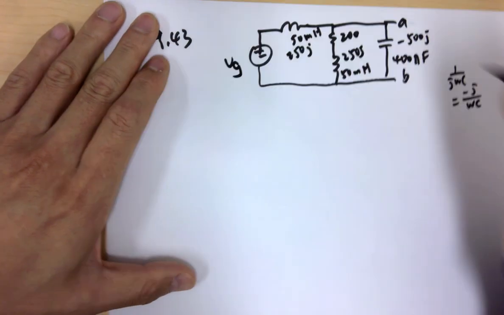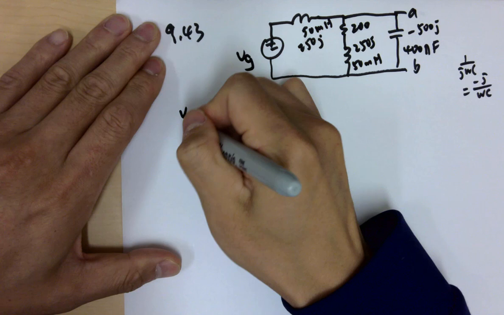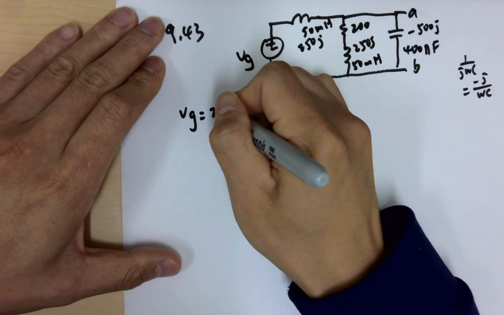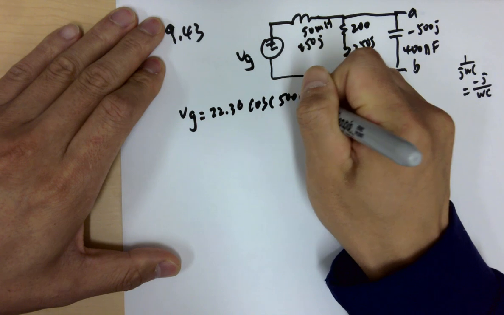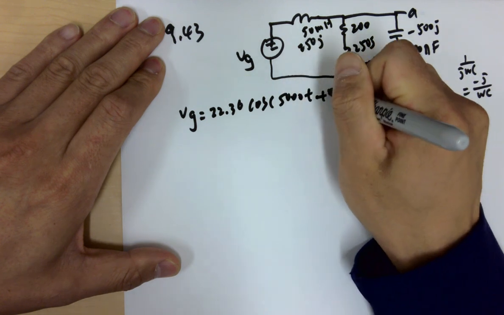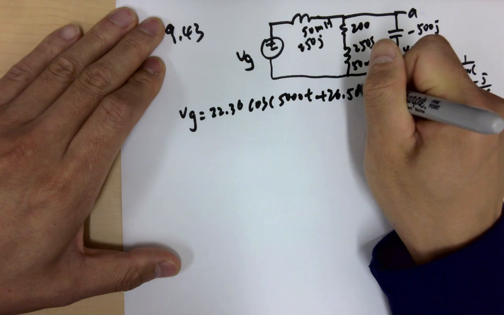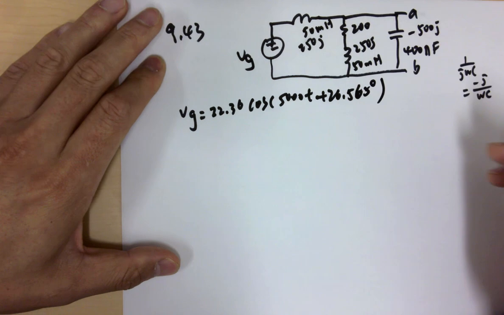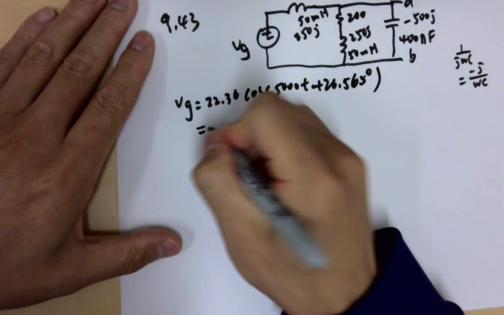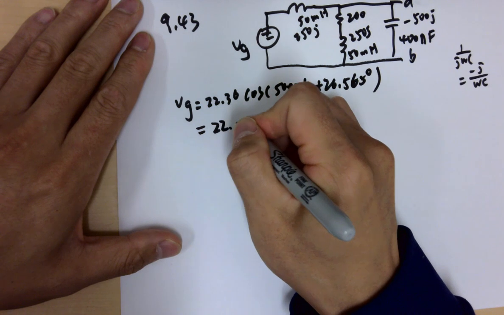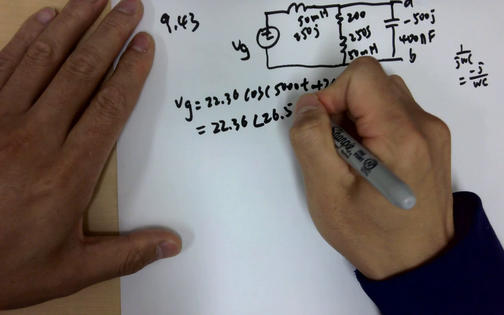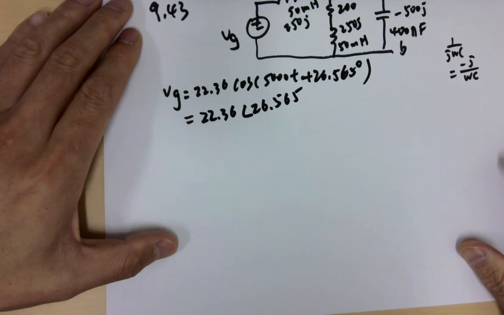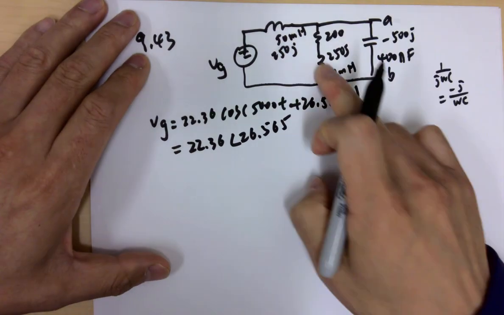And VG is given, which is 22.36 cosine(5000t plus 26.565 degrees). Okay, and this can be written as 22.36 angle 26.565, right? So this is basically a voltage divider.